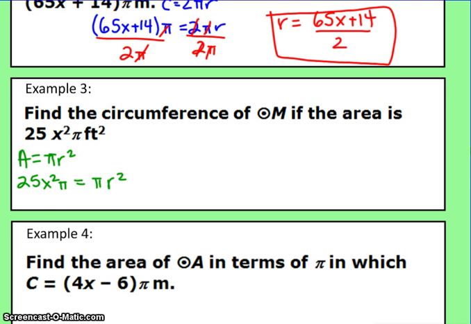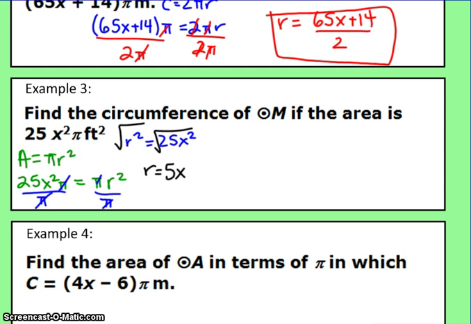Now, to get r by itself, the first thing I need to do is divide both sides by pi. Pi over pi is 1, so we can get rid of that. And r squared equals 25x squared. Now, to solve for r here, you have to square root both sides. The square root of r squared is r, the square root of 25 is 5, and the square root of x squared is x.